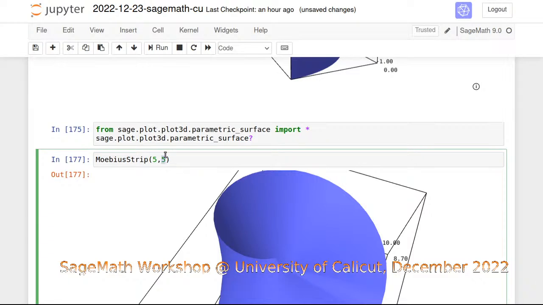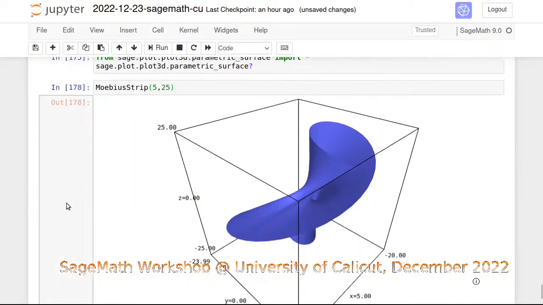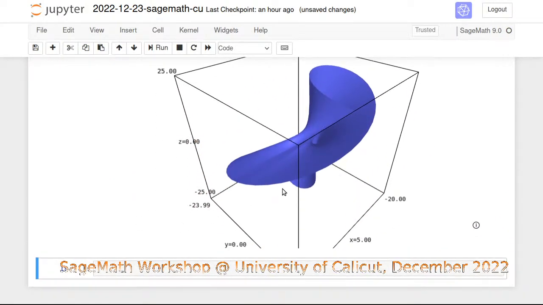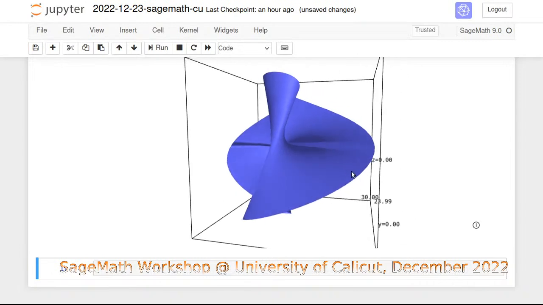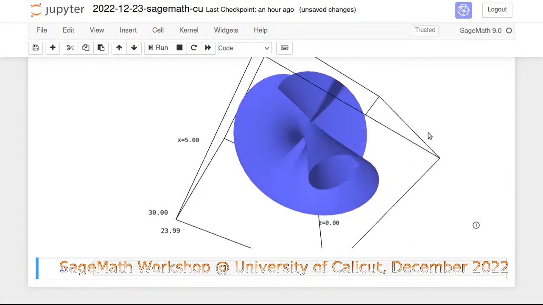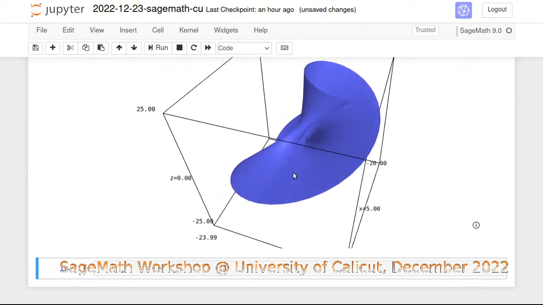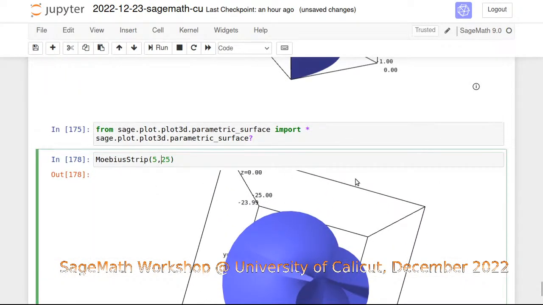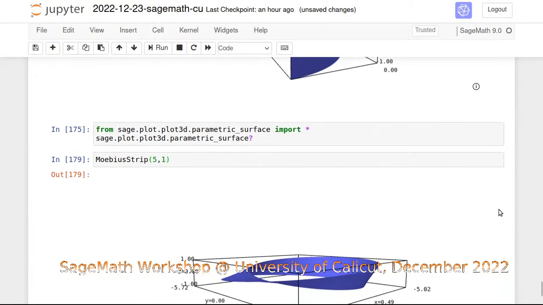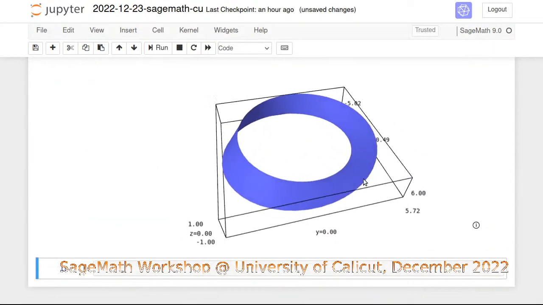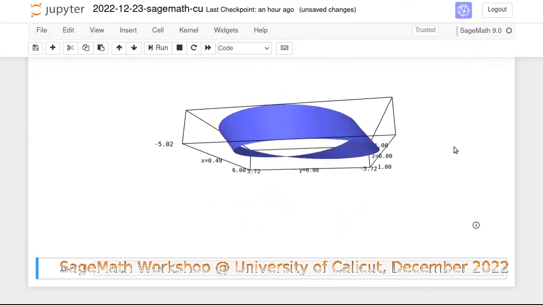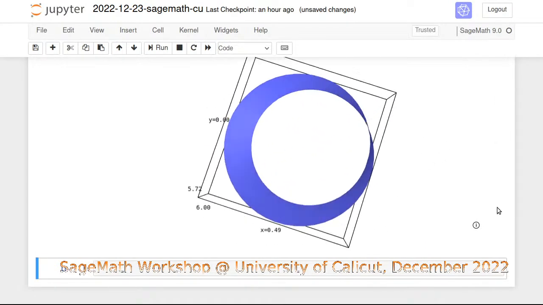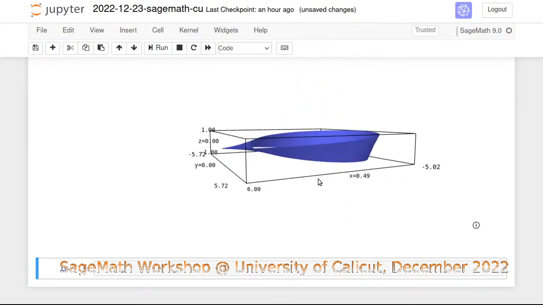Even if we specify it to be 25, what will happen? Okay, its width increases. If you just give 1, okay, this is the standard Mobius strip that we usually observe.